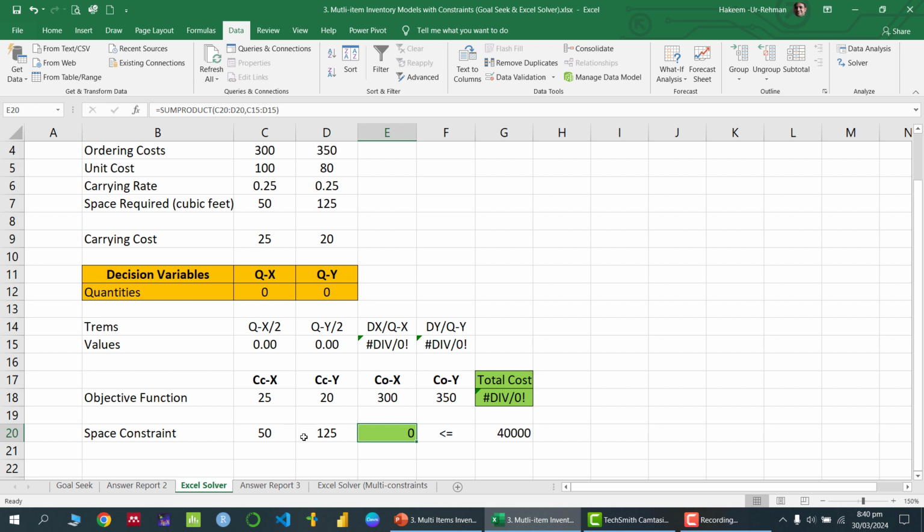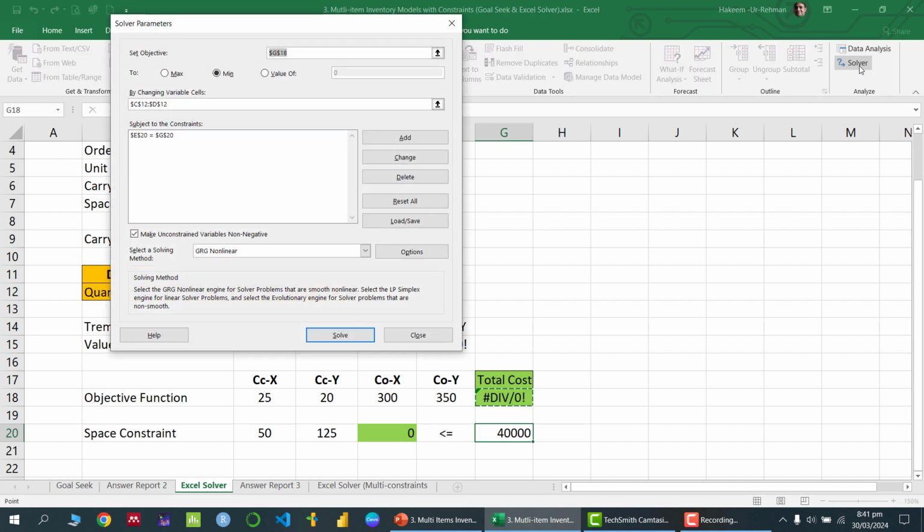So this should be multiplied with the C15, which is the average inventory we have of those products. And this is the restriction: this should be less than or equal to this one. So after applying these formulas, now we are going to go to Data and then click Solver.